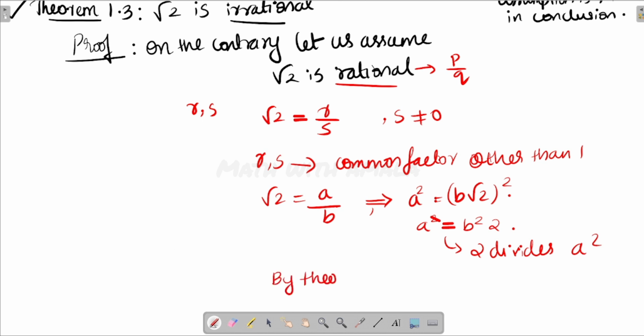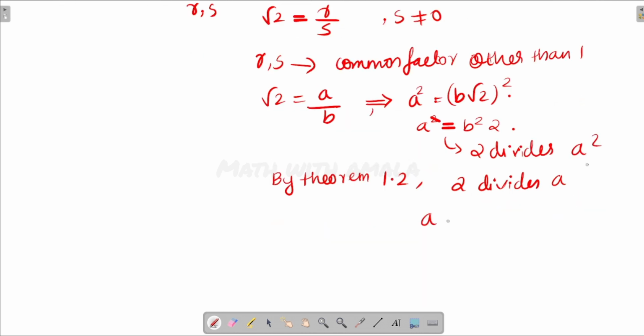Hence, by theorem 1.2, 2 divides a also. 2 divides a means a by 2 is equal to c, where a is equal to 2 into c. This indicates that a can be written as the multiple of two numbers.